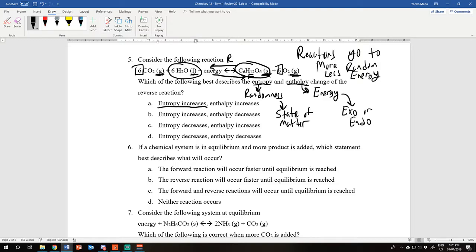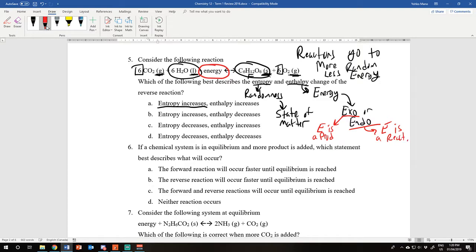Okay, now the enthalpy change, I'll erase some things here. The enthalpy change depends entirely on where the energy shows up. If you remember, in an exothermic reaction, the energy appears as a product. And in an endothermic reaction, the energy is a reactant.